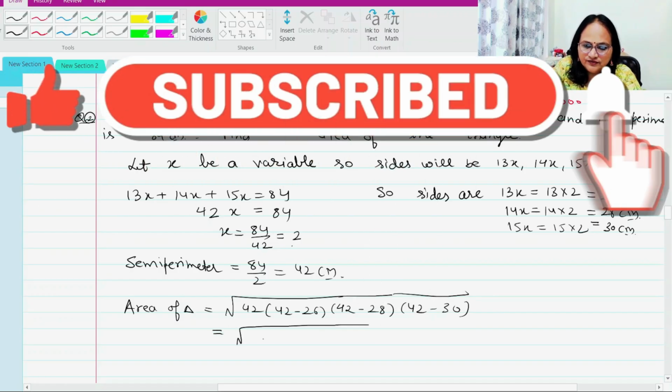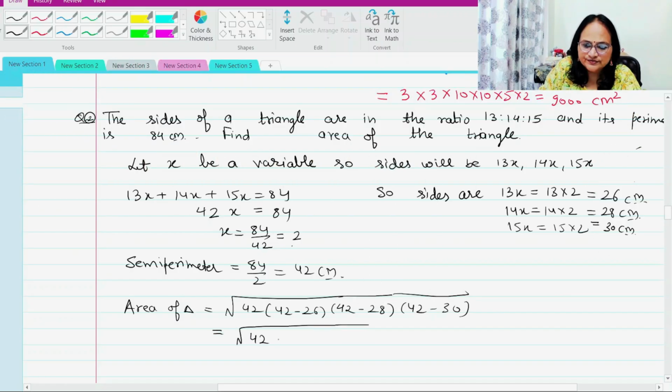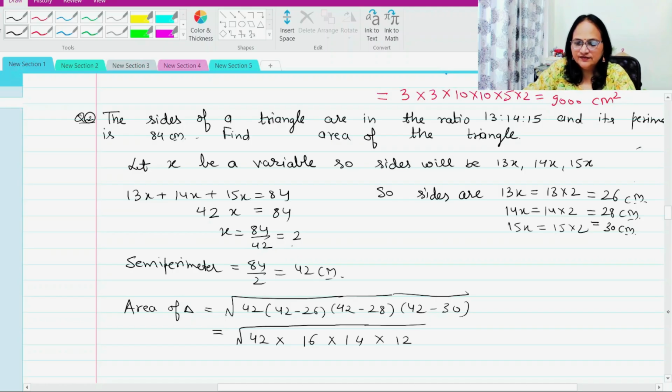So under the root of 42 into 16, 14, 42 minus 30 is 12.